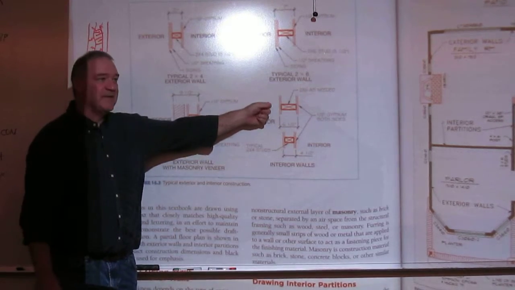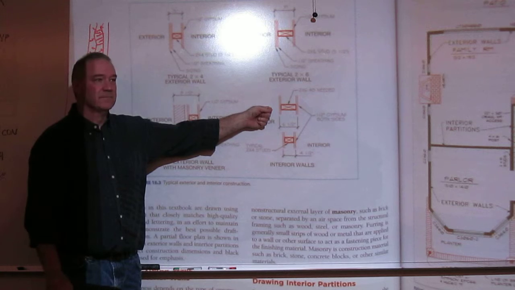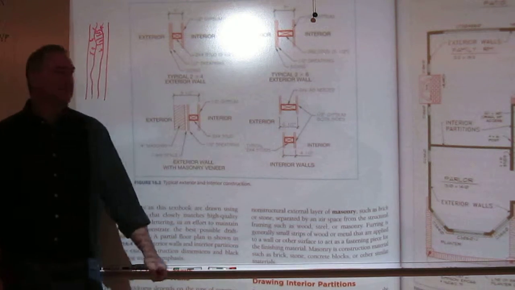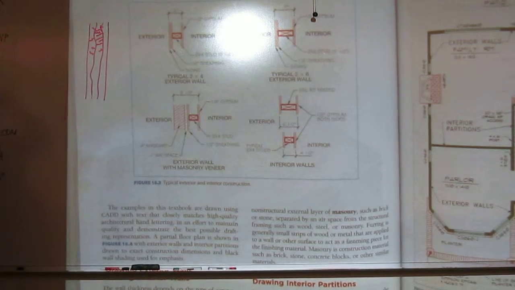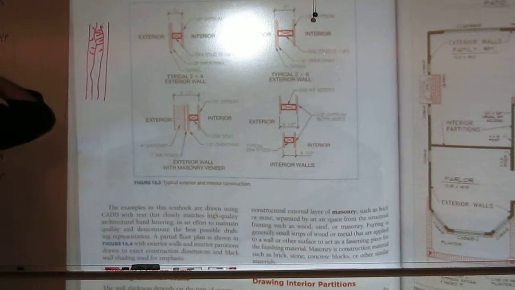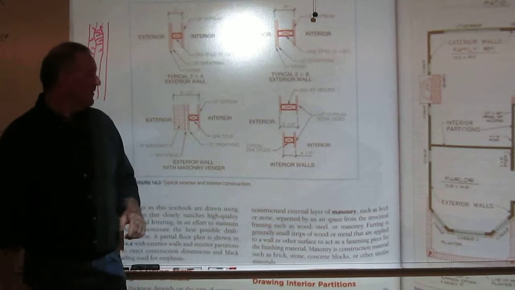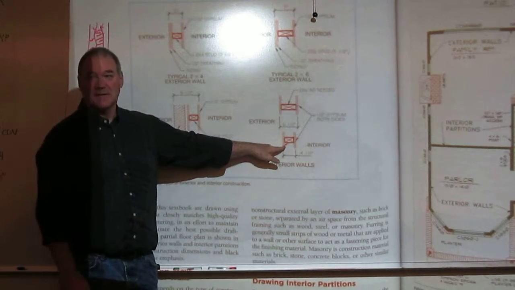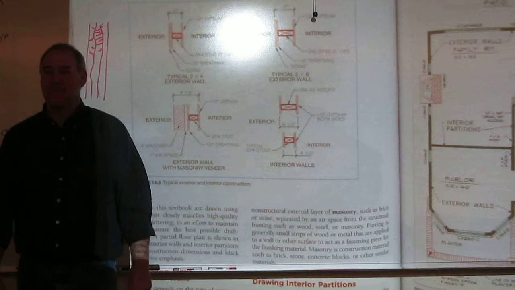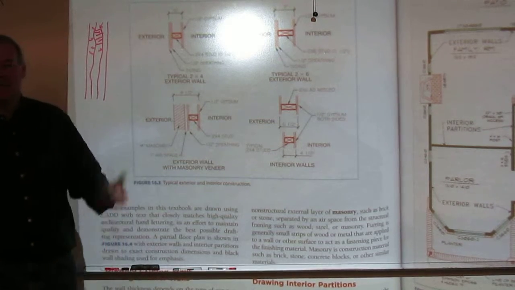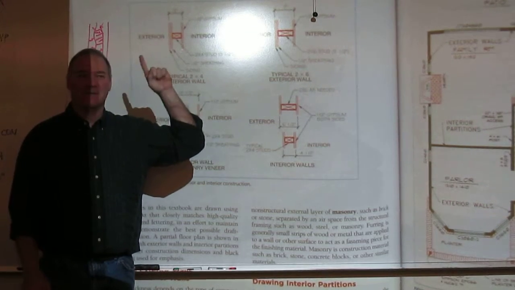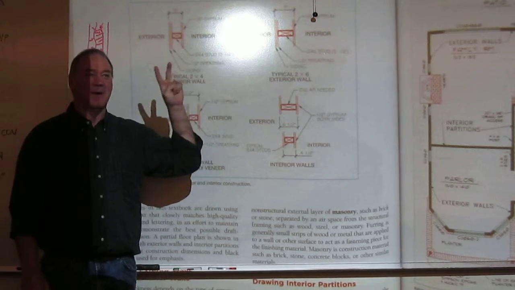Do we have 2 by 6 interior walls? Does anybody know? Yes. Okay. Declan, why would we do a 2 by 6 exterior wall if a 2 by 4 has the strength? Insulation, that's one of the reasons. There's one other, really, in my mind.